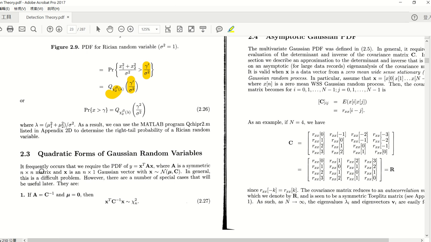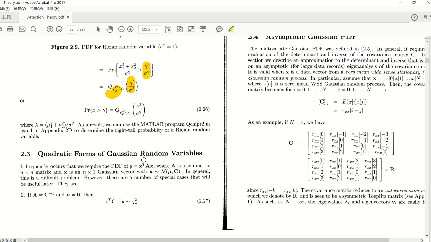It frequently occurs that we require the PDF of y equal to x transpose A multiplied by x. Notice that you have a transpose. When you have a transpose, think of it as a vector.